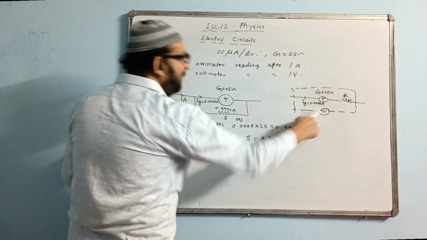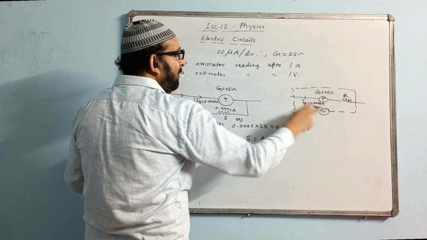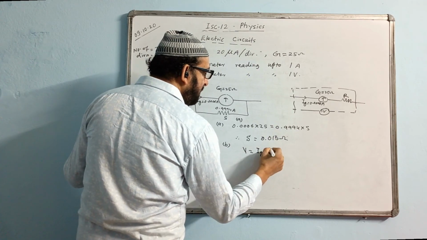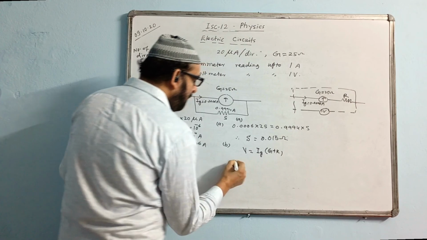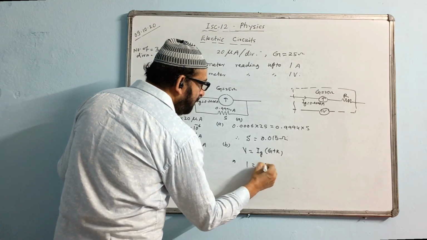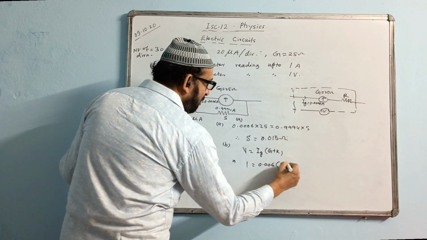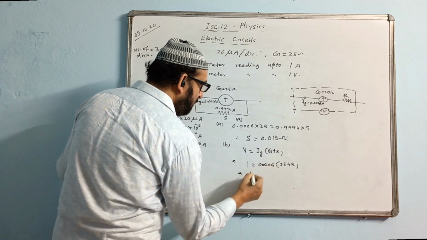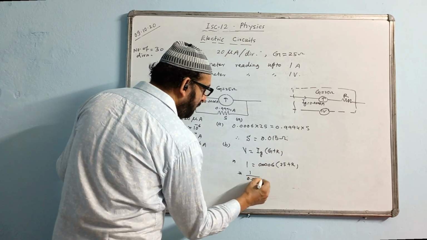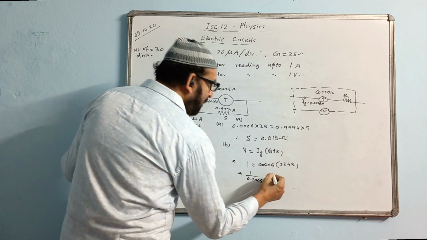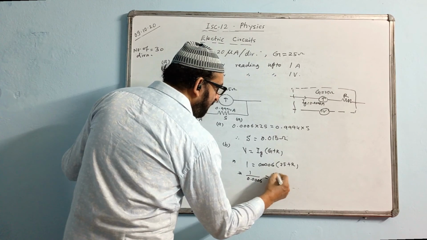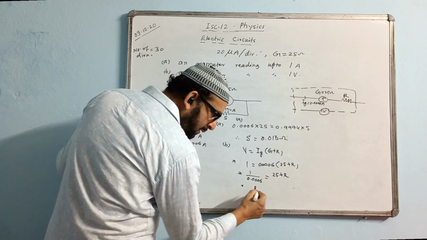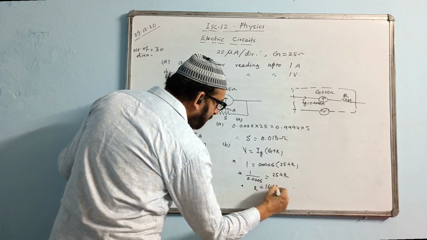So second part, how do we do it? Directly, 1 volt is equal to V is equal to IR. This is Ig into G plus R. The value of V is 1, the value of Ig is 0.0006, G is 25, plus R. This will come down to 1 upon 0.0006 equal to 25 plus R. Now divide and find the value of R. This will be subtracted, and the answer will come 1642 ohm.